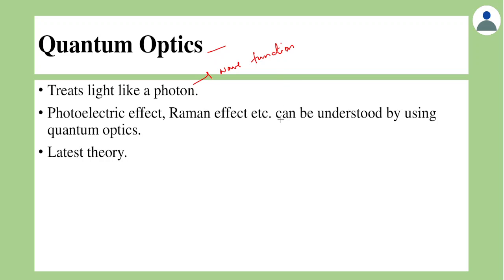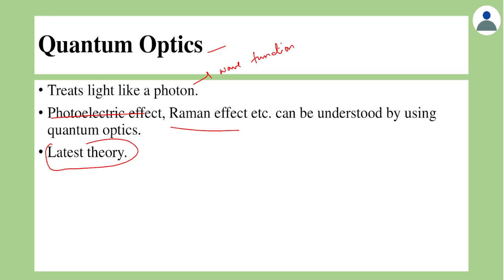Based on quantum optics, we can explain properties like the Raman effect as well as the photoelectric effect. In fact, many more properties can be explained treating light to be like a quantum particle or a wave function. This is the latest theory developed.